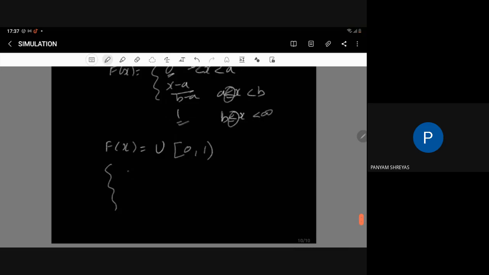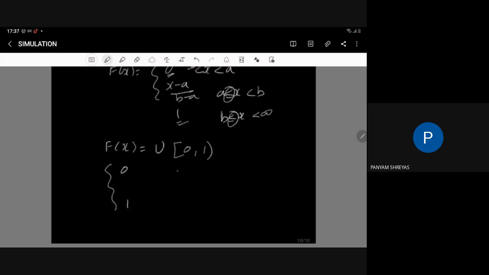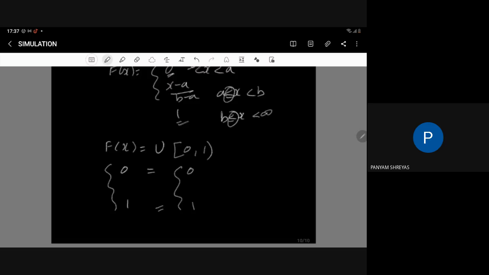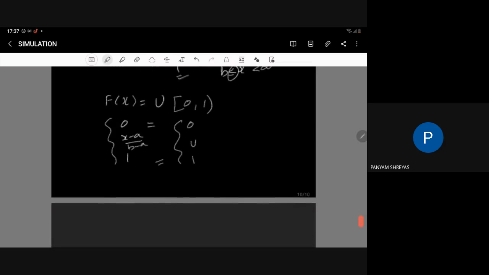So F(x) can take the values 0 and 1: 0 is equal to 0, 1 is equal to 1, constant is equal to constant, and intermediate is equal to intermediate. Intermediate (x minus a) upon (b minus a) is equal to the intermediate u.